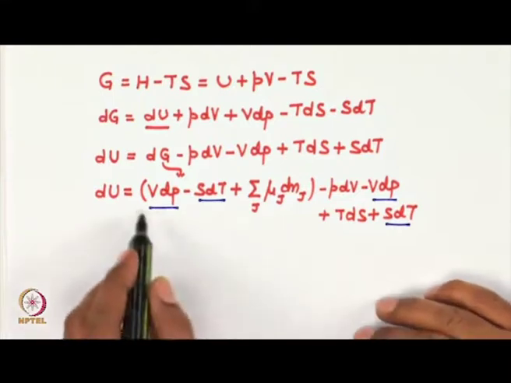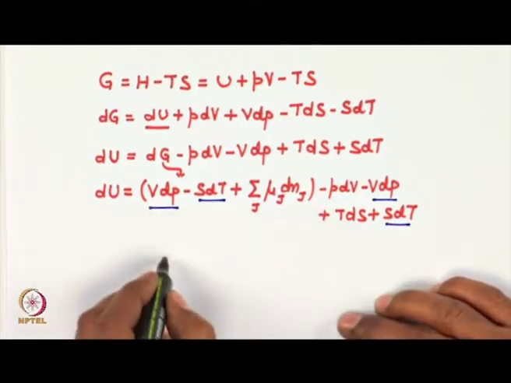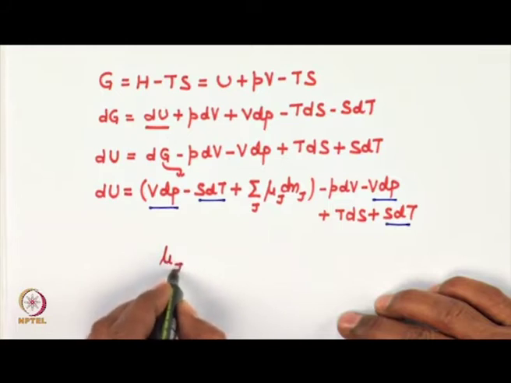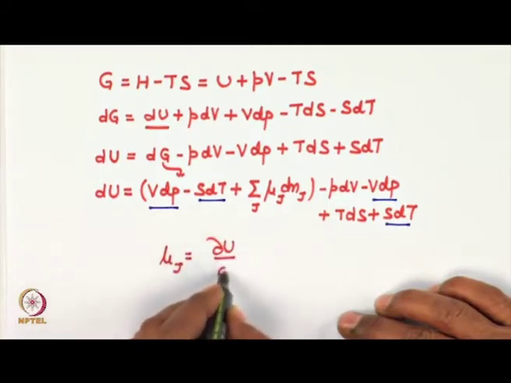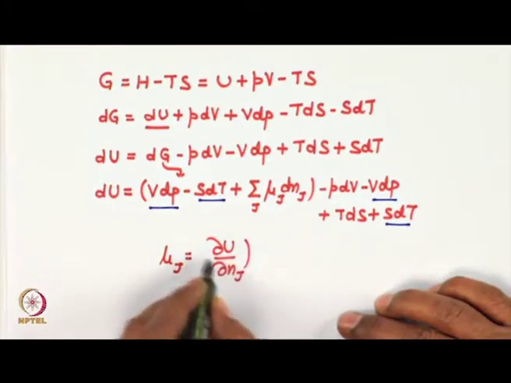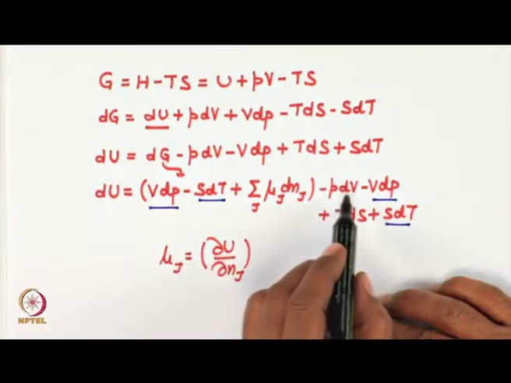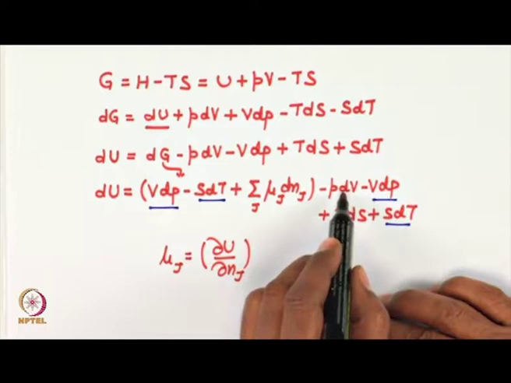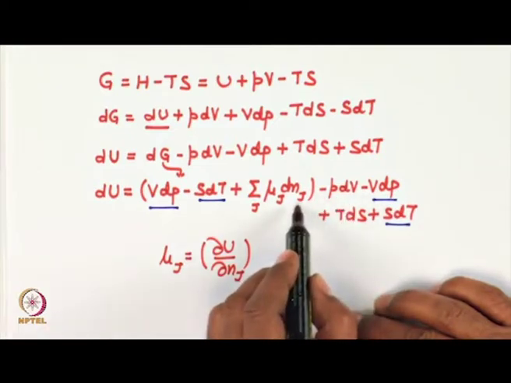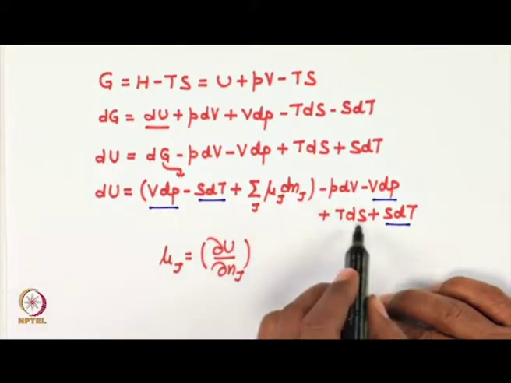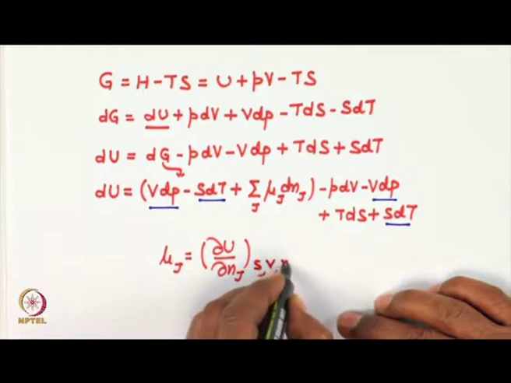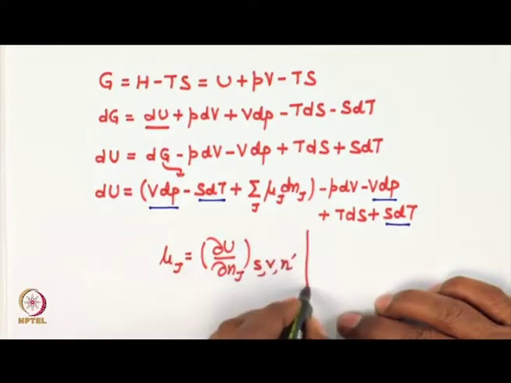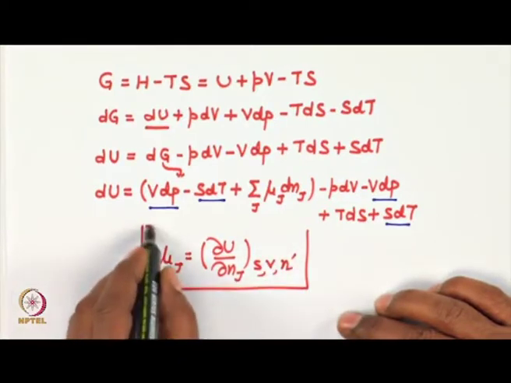So, therefore, from this expression I can write chemical potential of species j will be equal to dou U by dou Nj at constant entropy, volume and composition of other components, at constant entropy, volume and n prime. This is what we wanted to prove.